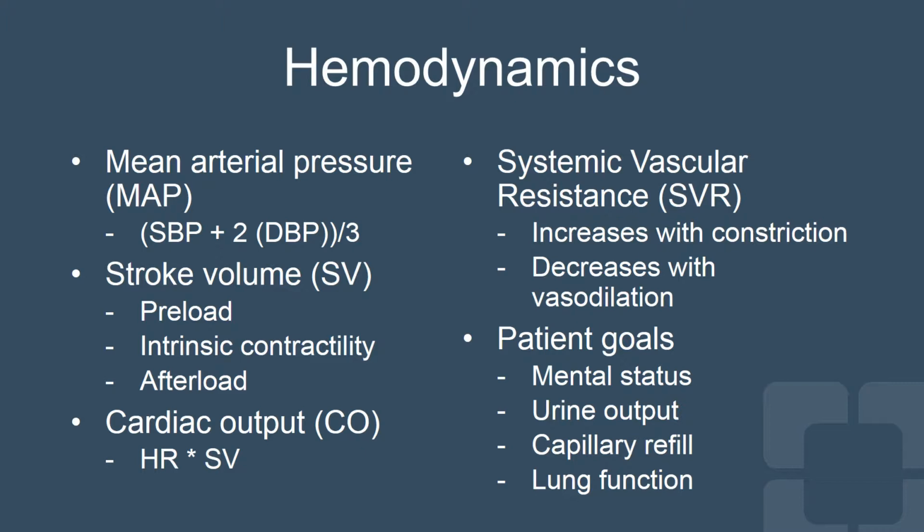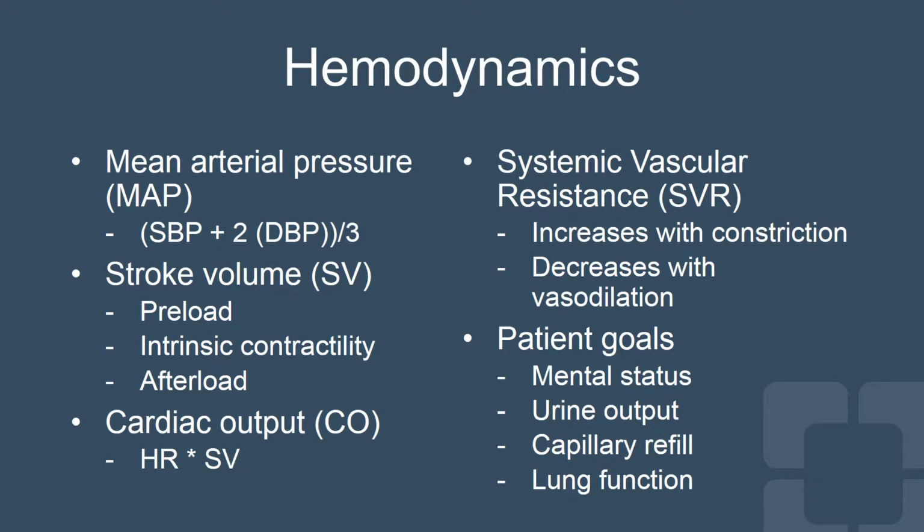We look at cardiac output, which takes into consideration that stroke volume and multiplies that by the heart rate. And then we look at systemic vascular resistance, which increases with constriction and decreases with vasodilation, which makes sense, but you have to take into consideration the type of shock and then the other therapies that we'll be putting on board and what they will do to the systemic vascular resistance.